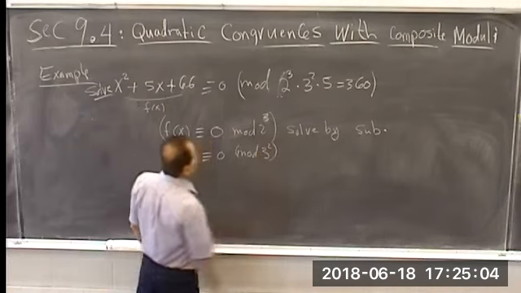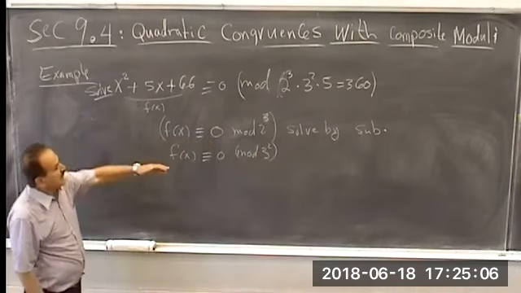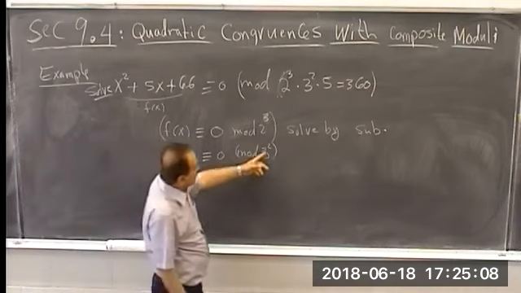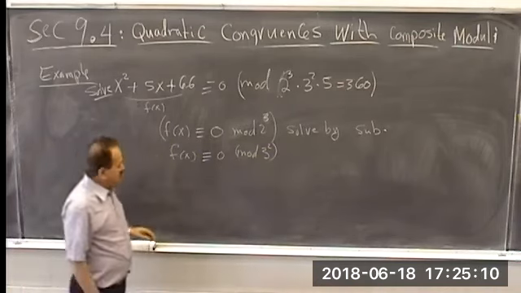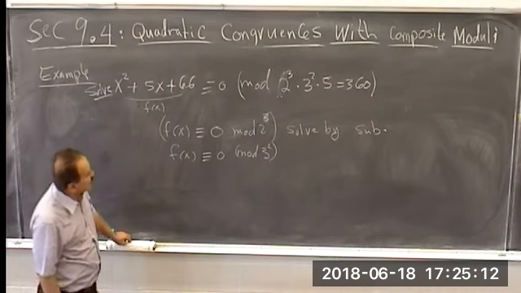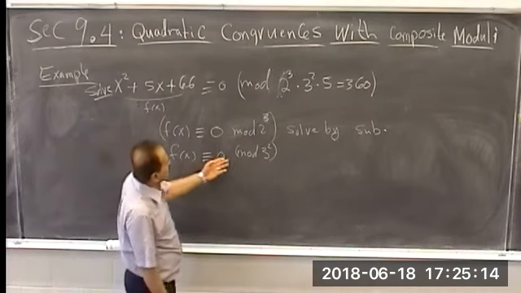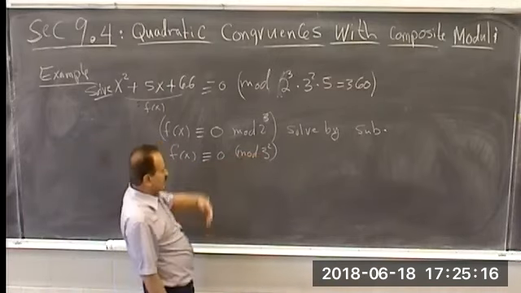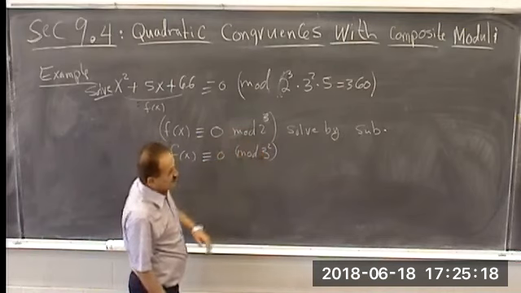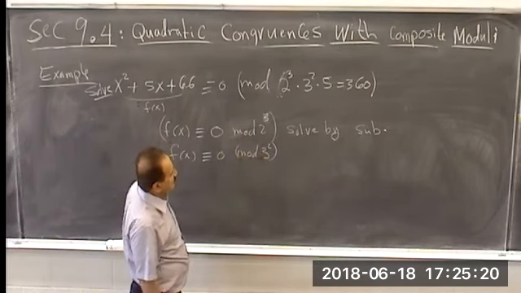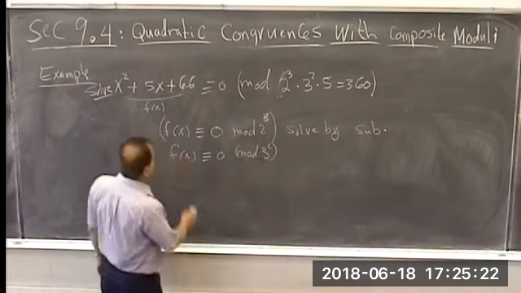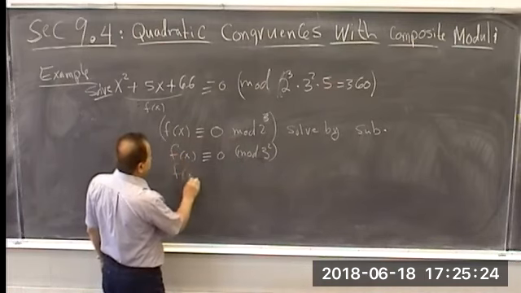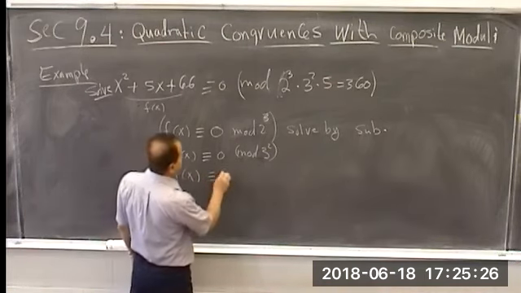But if these are big, this is a big prime with a larger exponent, what you need to do is to solve f of x congruent to 0 mod 3. Then you want to do mod 3 squared, the procedure that we've done earlier at the very beginning. And then you're going to solve also this. This is a single prime.